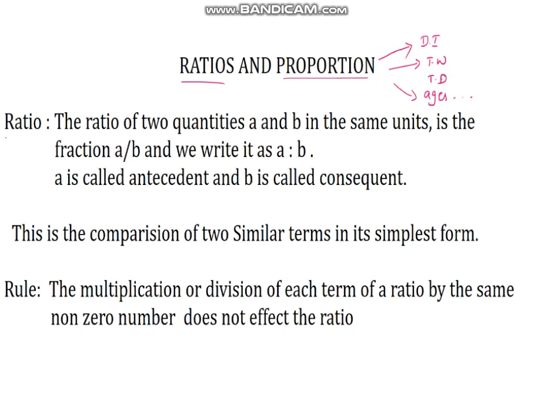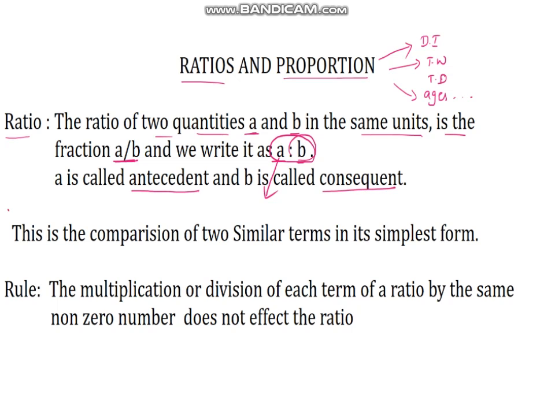What is meant by ratio? The ratio of two quantities A and B in the same units is the fraction of A by B, and we write it as A is to B. This is the form of ratio. Here A is called the first term or antecedent and B is called the second term or consequent.